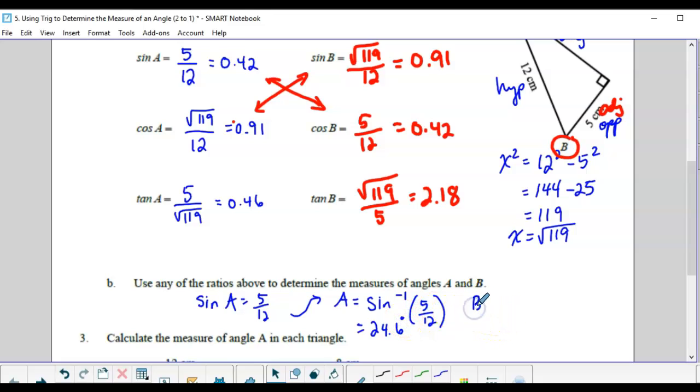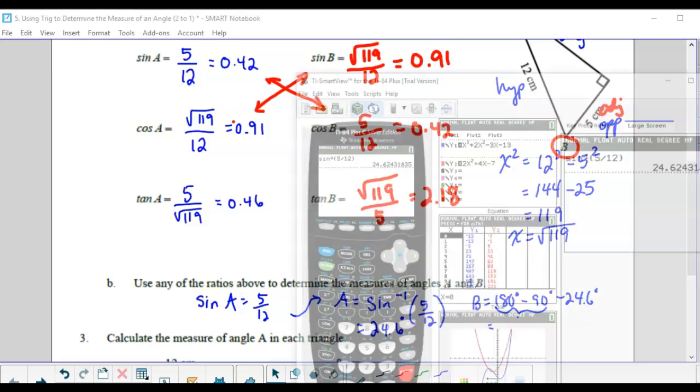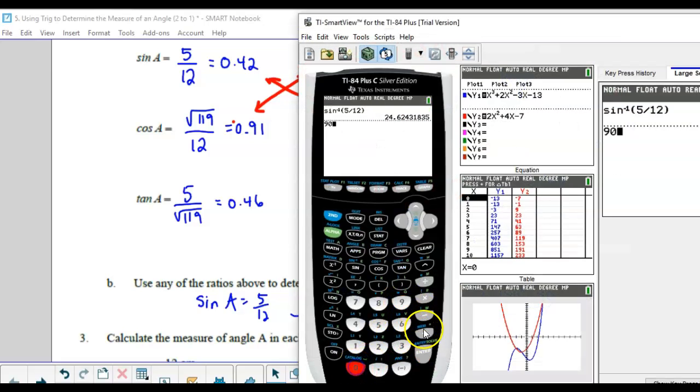Okay, now B, you could just go 180 minus 90 minus 24.6. You don't actually have to use a trig ratio. That's really 90, so 90 minus 24.6 is 65.4.